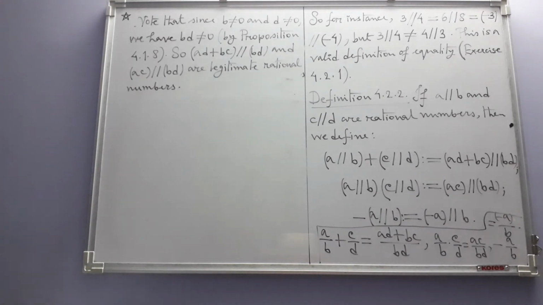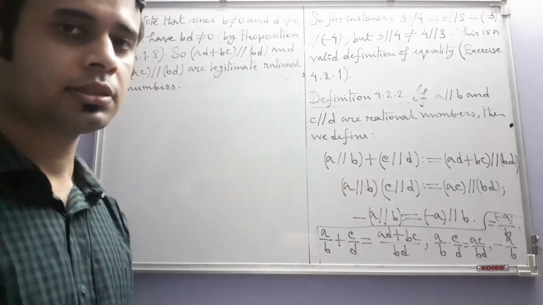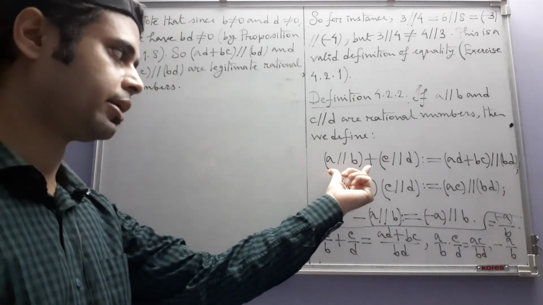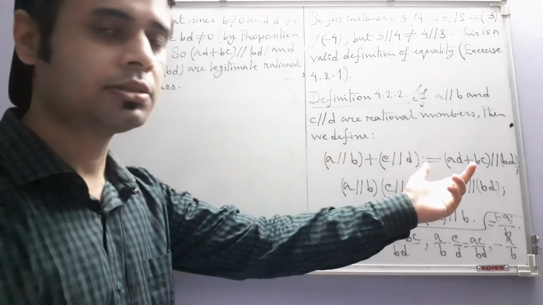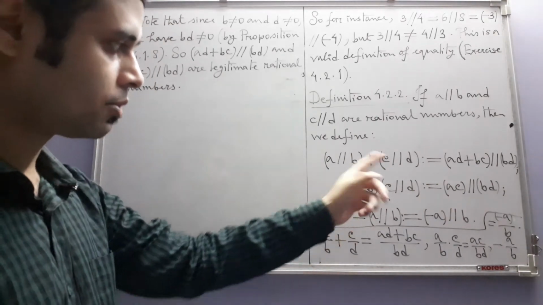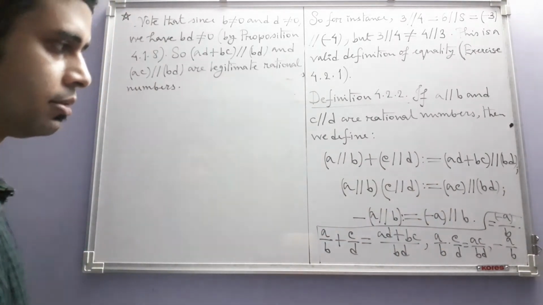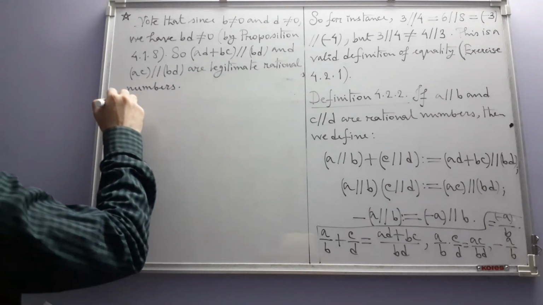But we still have to verify that these definitions are well defined, namely that if we replace, for example, the rational number A by B by an equal rational number, the sum is not affected, the product is not affected, and the negation is not affected, things like that. So for that we have the next lemma.